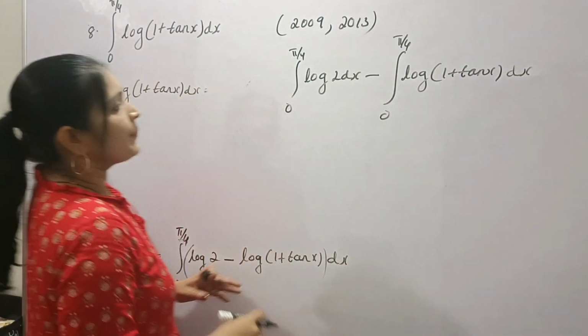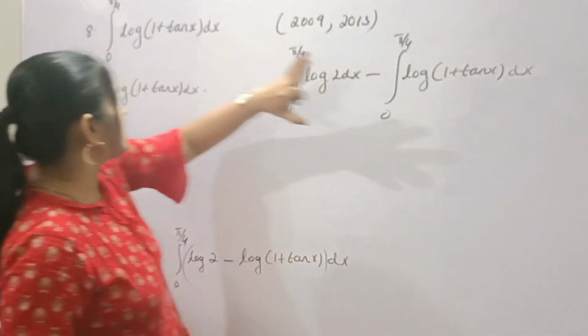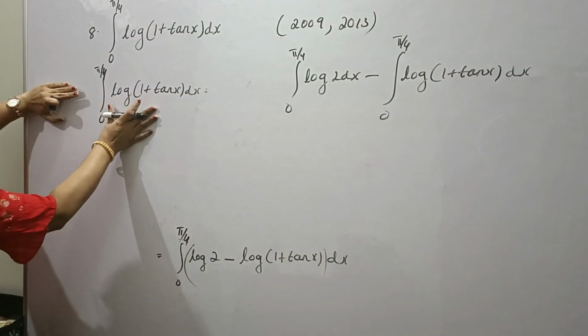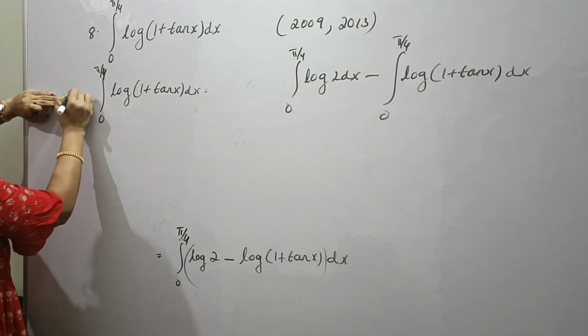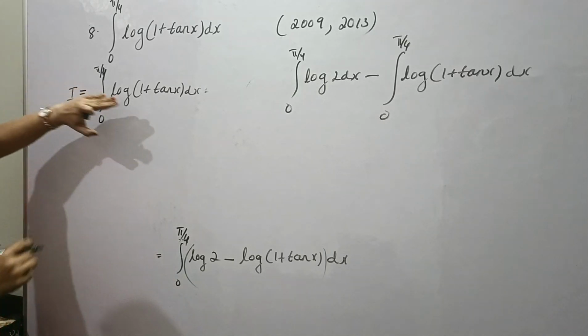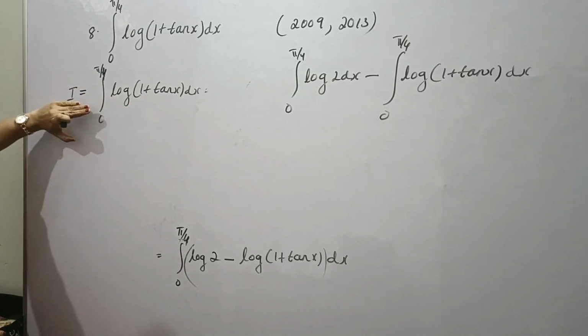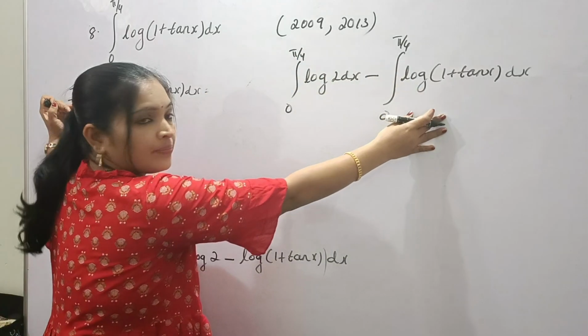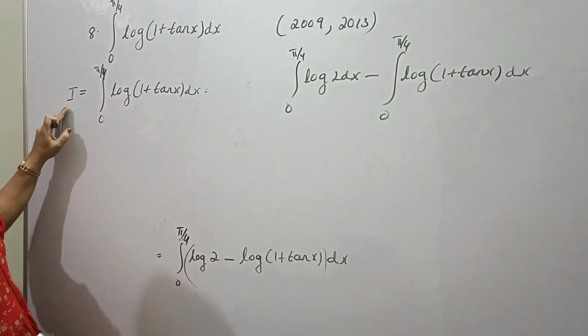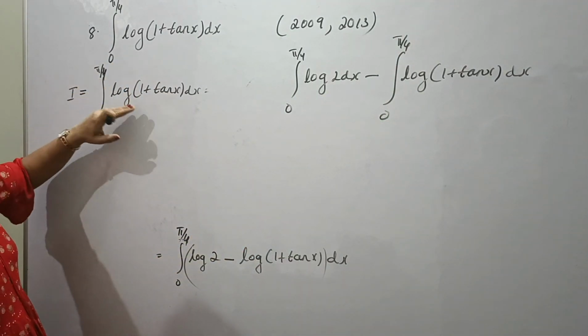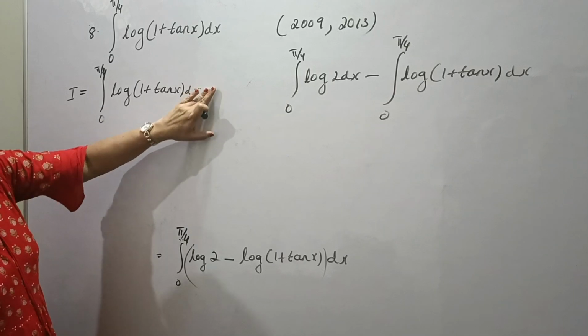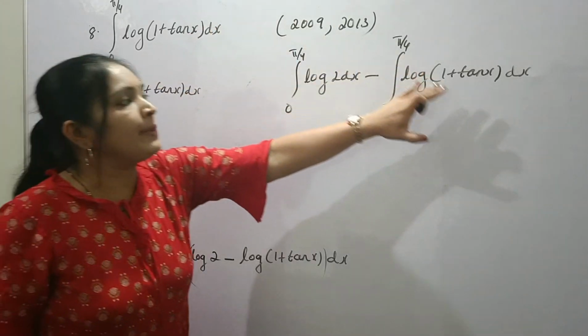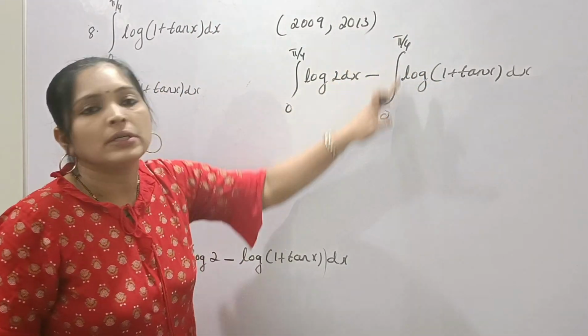Right? Okay, so what is this one? See here, this integral. First of all, we should take I is equal to this integral. So if it is I, it's also I. We have taken I is equal to integral 0 to pi by 4 log of 1 plus tan x dx, right? So we have got the same integral here, same limits also.